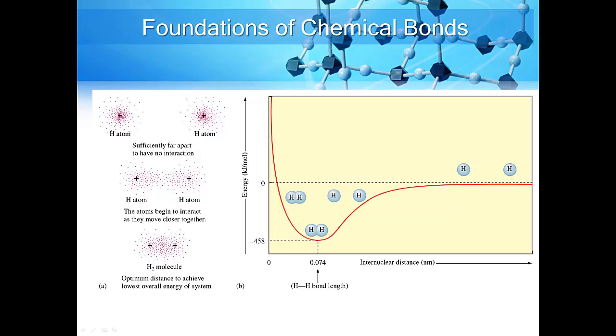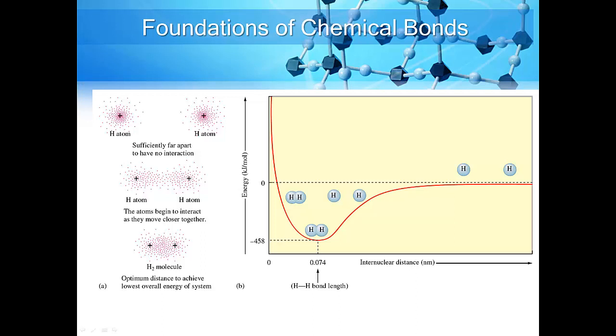If they're too close, they won't like that, because remember their nuclei, which is the plural of nucleus. We don't say nucleuses. So the nuclei are too close together, so they're going to repel each other, because the nuclei are both positive. There'll be an optimal distance that they like to sit from each other where they don't have that repulsion from the positively charged nuclei, but they're able to comfortably share electrons.